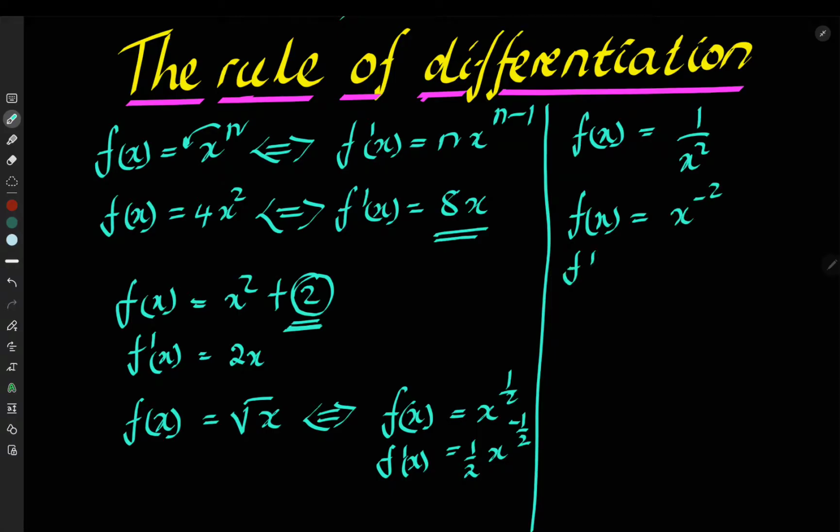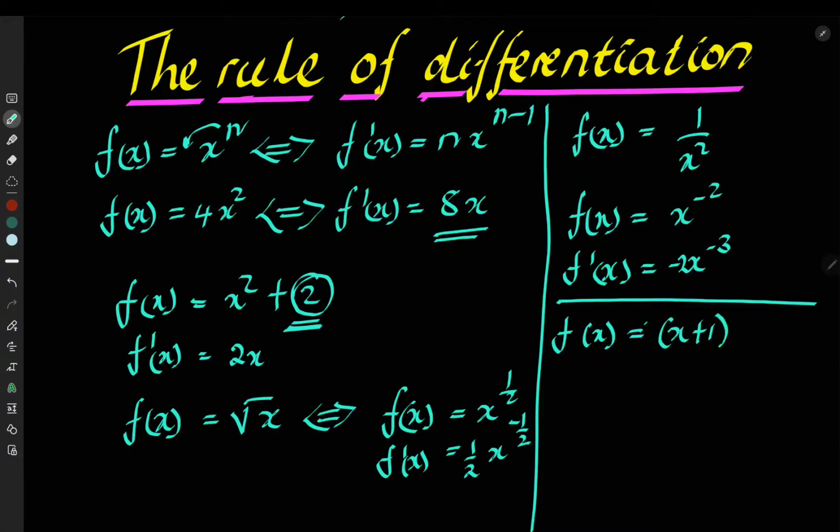Then you can go ahead and differentiate that, and the first derivative of x will be negative 2 x to the power negative 3, because you minus 1 again on the power. Again, the other thing that you don't want to do is, if you have a bracket, so if you have x plus 1 and x plus 2, you don't want to differentiate when the variables are in a bracket like this.